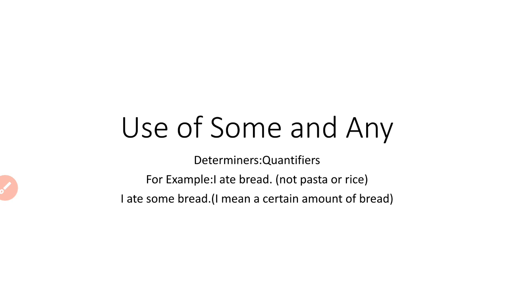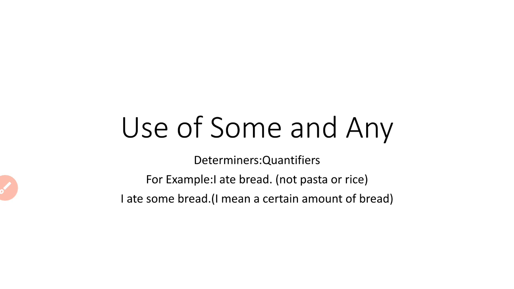First of all, you should know why we use determiners. Through an example I will clarify why we use the determiners some and any. If I say, I ate bread, this sentence means I ate bread, not pasta or rice.